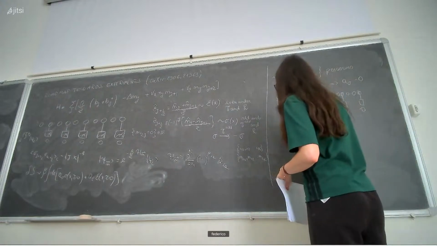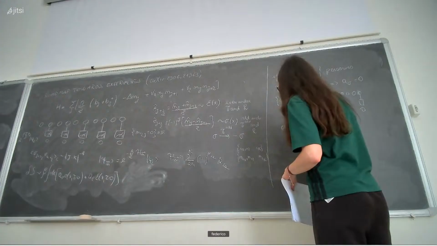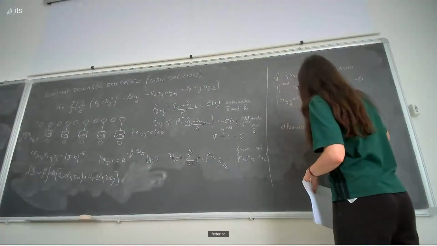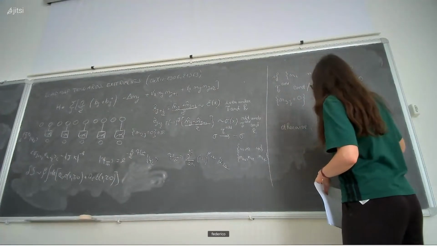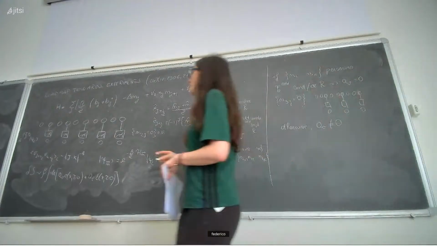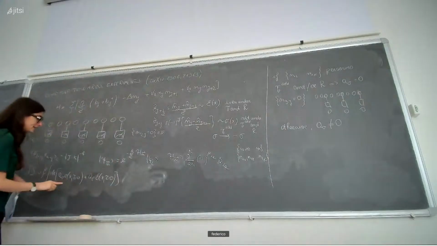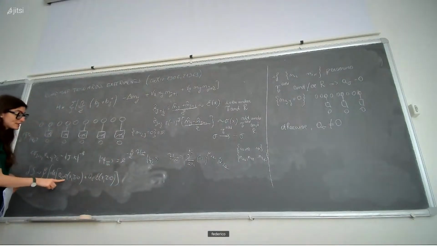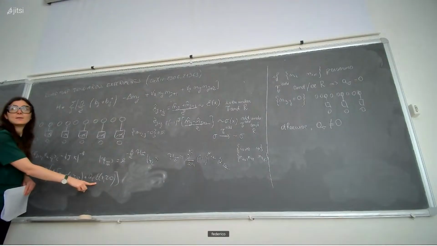Otherwise, a_sigma would be different from 0. But then at that point, both for Ising or critical Ising, the scaling dimension of sigma was smaller than the scaling dimension of epsilon.